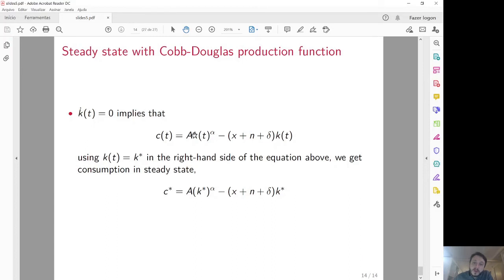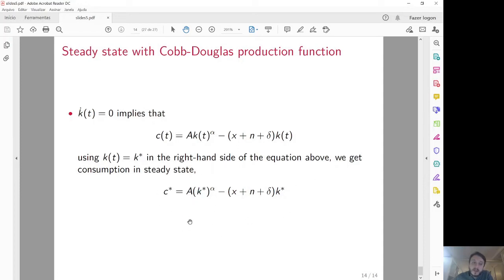If we plug k star here where we have k of t, we have consumption in steady state. So we can also write consumption in steady state just as a function of the parameters. Here we have A, x, and delta, and k star is a function of parameters also. So we are going to use this in the code.